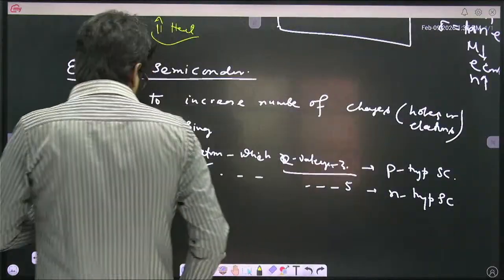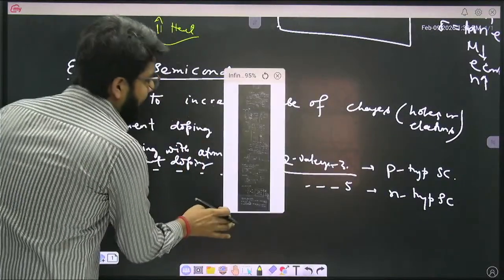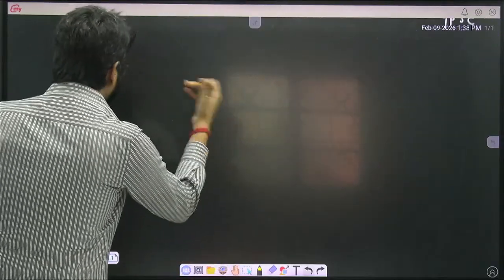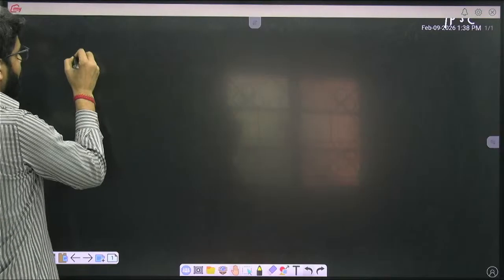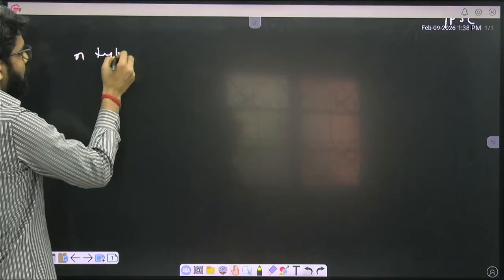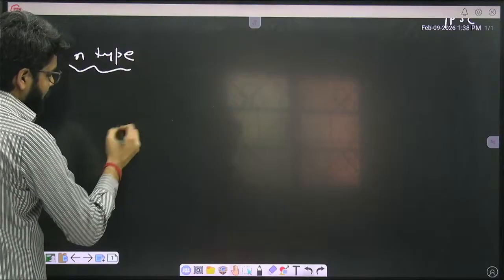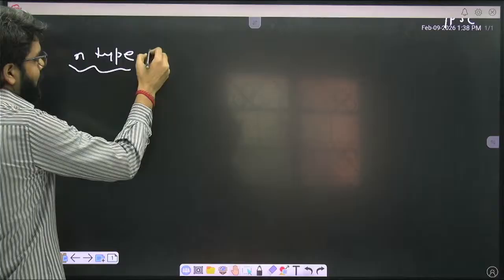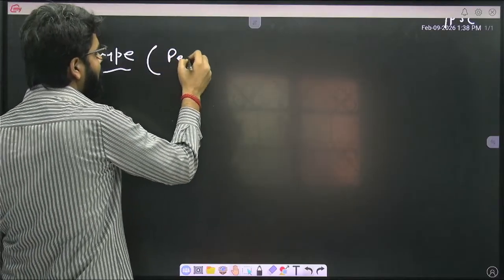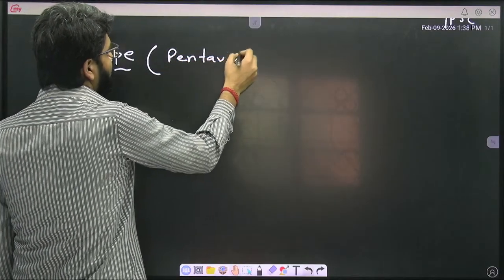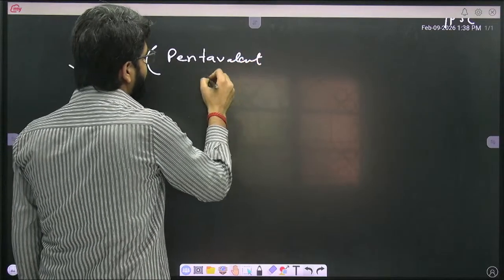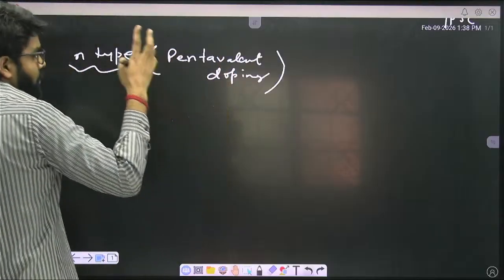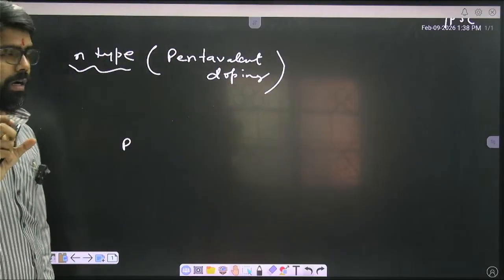Now what happens in p-type and n-type? Let's understand that. For n-type, suppose I am doping with phosphorus, which is pentavalent; then only will we get an n-type semiconductor. One more thing: dopant and doped material.